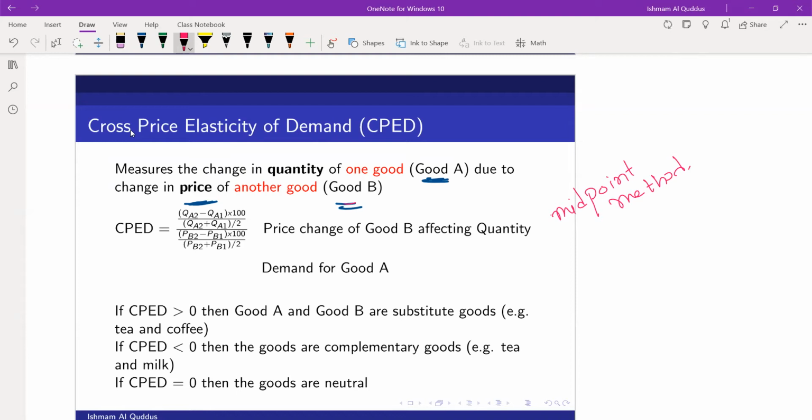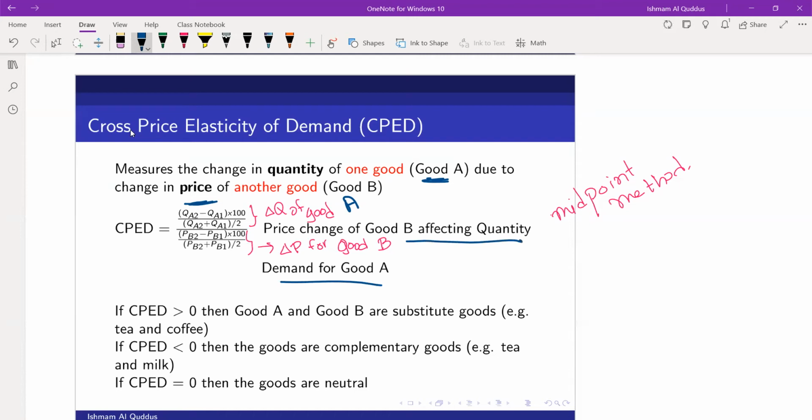So this change in price is for good B. But we're looking into the effect or the impact of that change on the quantity demanded of good A. Hence, this is the change in quantity demanded of good A. So a price change of good B affecting quantity demanded for good A.